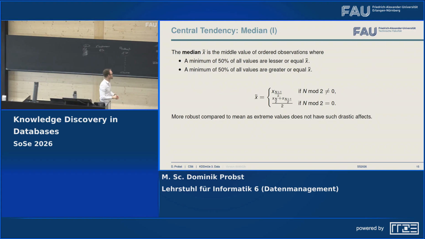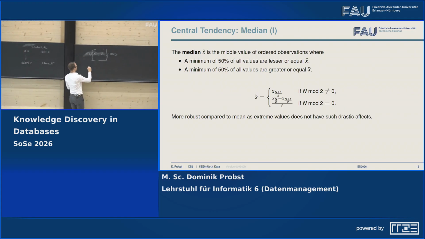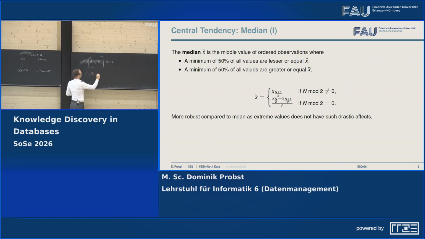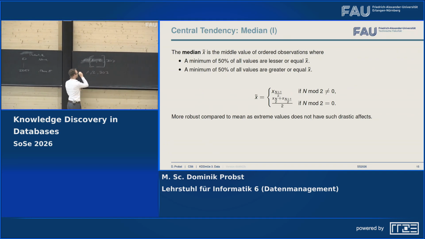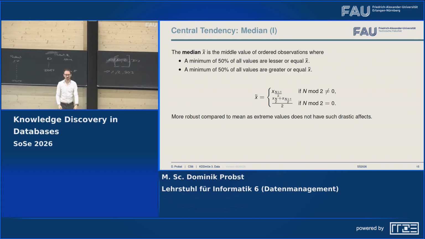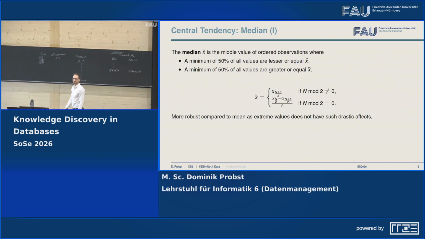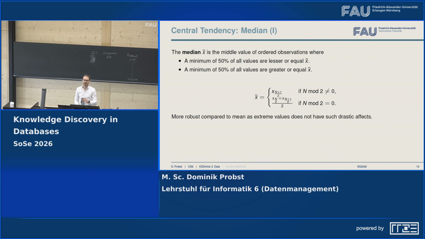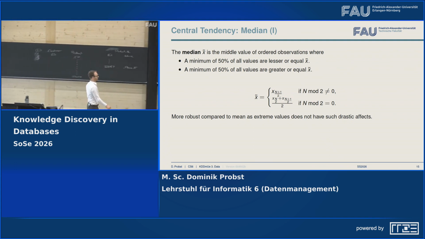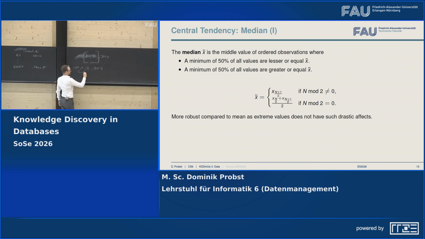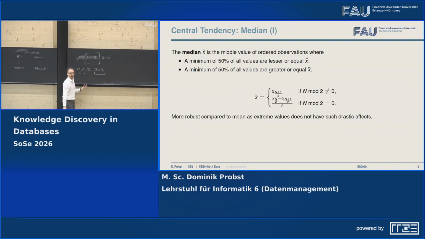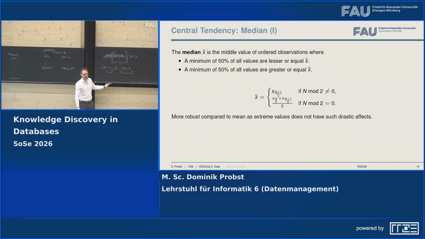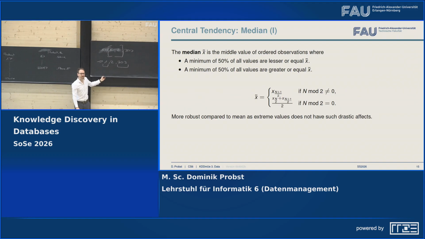So for this example in here, what's the median? 2. Because we have 50% of values lower and 50% of values higher than this value. The median gets somewhat tricky if you have 4 values at hand.